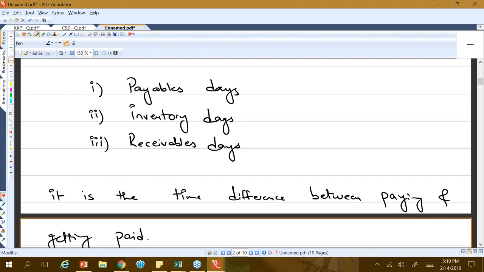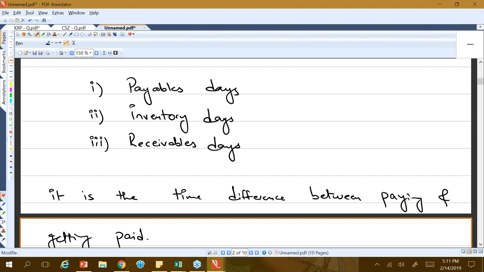And getting paid from whom? Getting paid from the receivables. So when exactly do we pay the suppliers, and then when exactly do we get the money back from receivables? That time difference is computed by the cash operating cycle. So when do we pay the payables and when do we receive from the receivables? That is the time difference called the cash operating cycle.